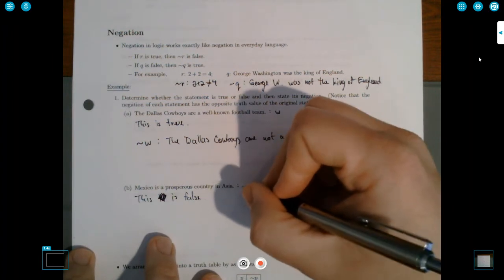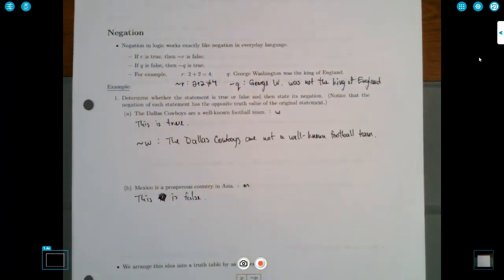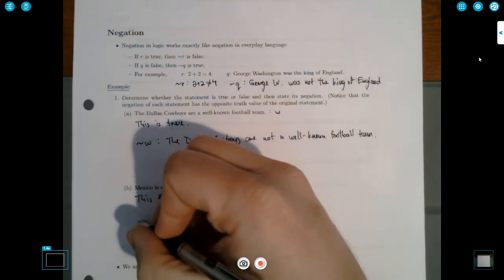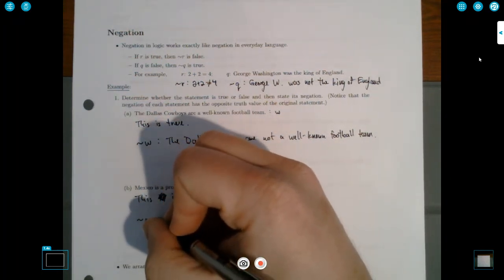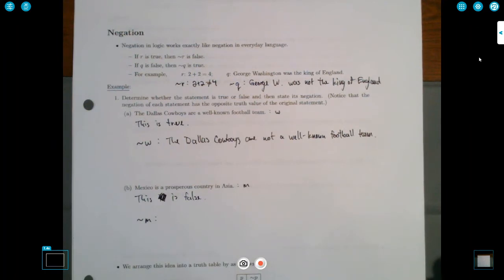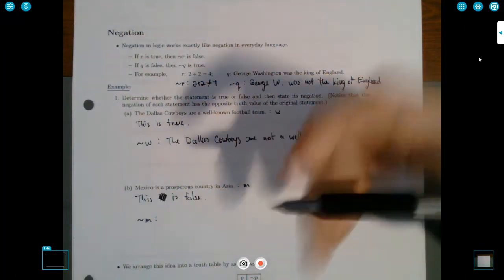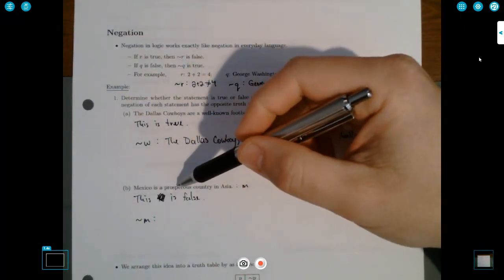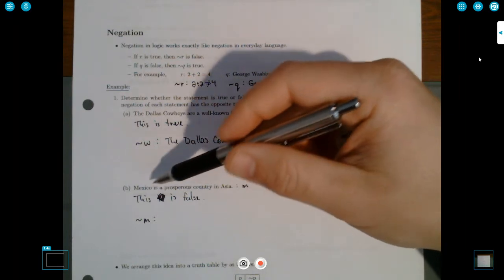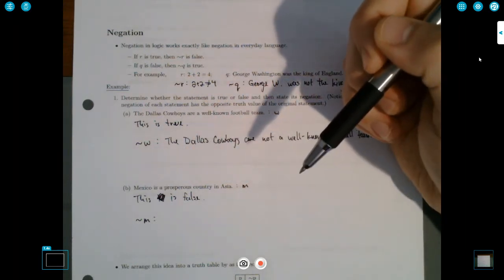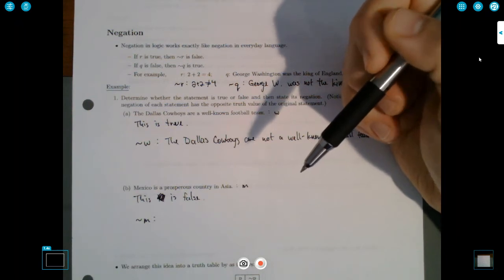Let's call this statement M for Mexico, right? So Mexico is a prosperous country in Asia. So what would the negation be? So not M. Well, there are a couple ways you could negate it. And actually, there are kind of two claims that are being made about Mexico. Well, maybe more than two, right? One claims that Mexico is prosperous, another claims that Mexico is a country, and another claims that Mexico is in Asia. So which one of those things are we supposed to negate? It's not entirely clear.